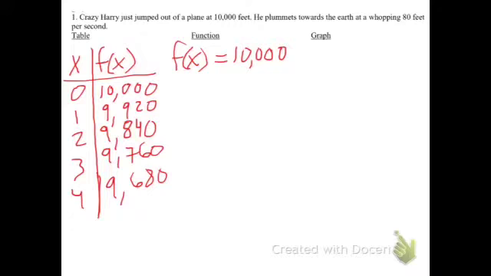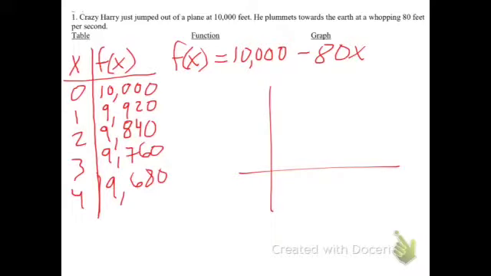Well, each second he's losing 80 feet. So you just subtract 80x. Remember, this x is here because the number of seconds is changing. The x represents the number of seconds. So we want to put 80 with that because it's 80 for each second. So 10,000 minus 80x.